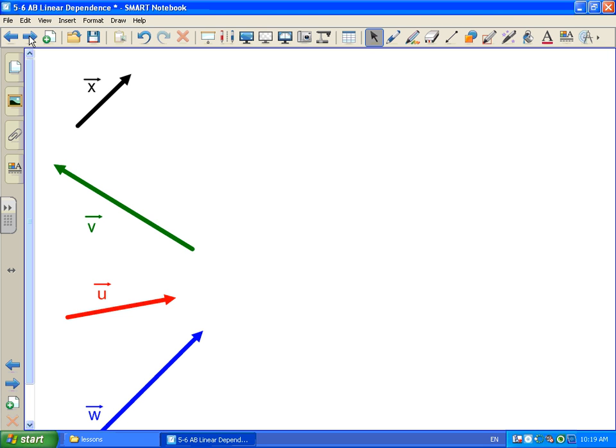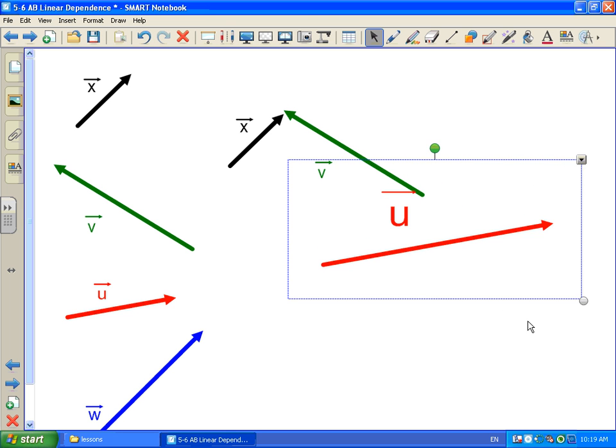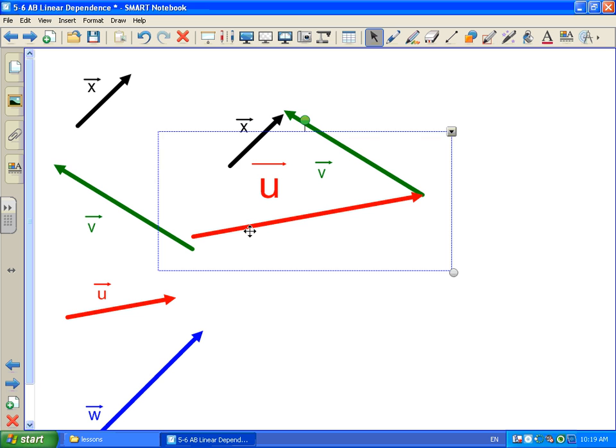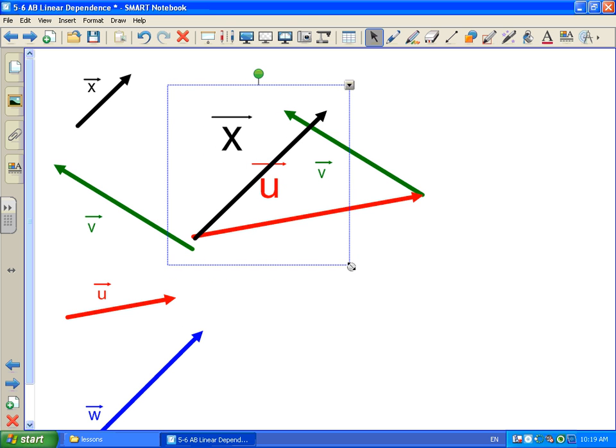So I should be able to take u and v, place them tip to tail, and somehow get x. Well, if I just place them tip to tail, I clearly don't have x. But what I'm allowed to do is multiply each of these vectors by some scalar. So if I scale up my vector u here, and make my x a lot bigger here, that's too big, maybe.